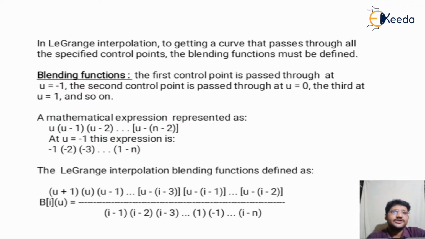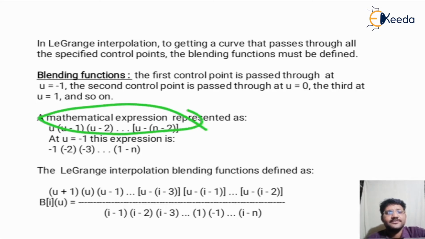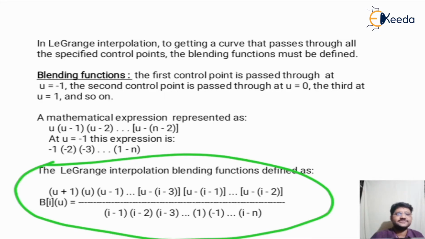At u equal to -1, we get this expression, which will be like this. The Lagrange interpolation blending function is defined by this function.